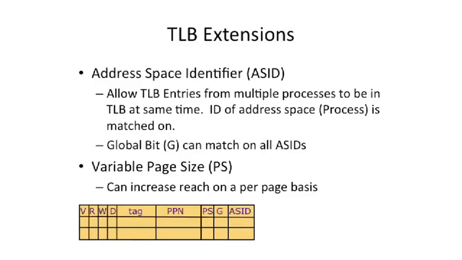So, a couple of extensions to the TLB. Something we haven't talked about up to this point is what happens when you have multiple processes running at the same time, or time multiplexed between them. What do you have to do to the TLB? We talked about changing the page table base pointer when you change to a new process. Well, the TLB is a cache of the page table.